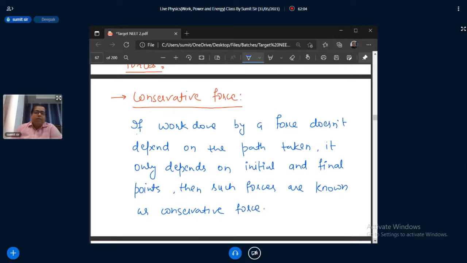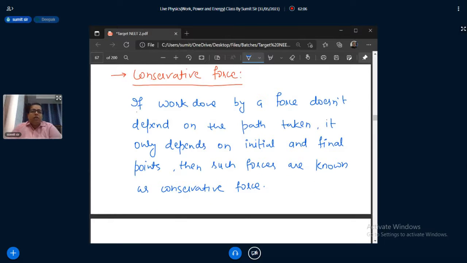Okay, this is the main point. If the work done by the force does not depend on the path taken, it only depends on initial and final points, then you can say such forces are of conservative nature.